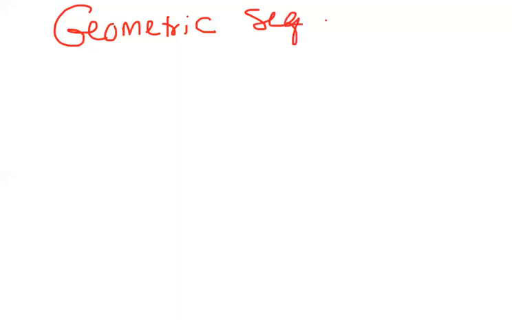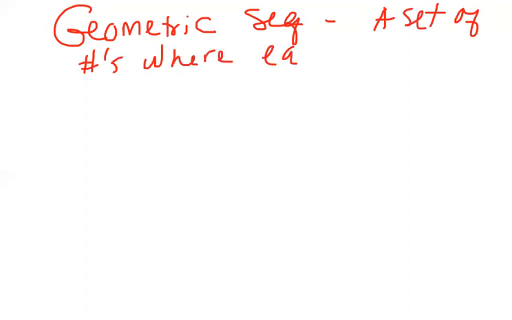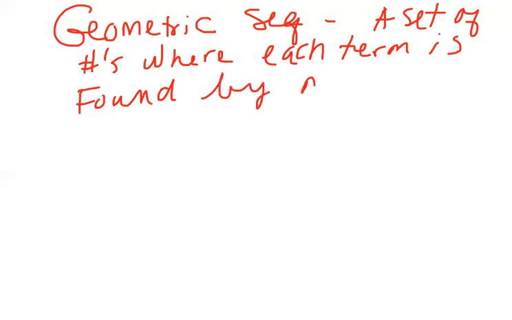preparation for the test. Okay, guys, so here's the last part of the chapter, and that is the geometric sequences. Now, when we talk about a geometric sequence, we're looking at a set of numbers where each term is found by multiplying. Notice I'm saying multiplication.